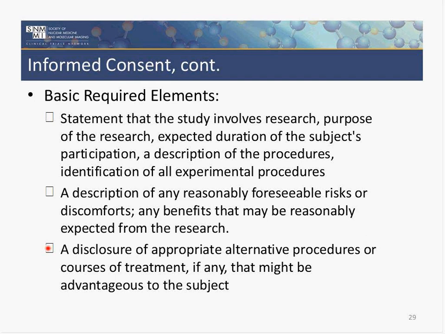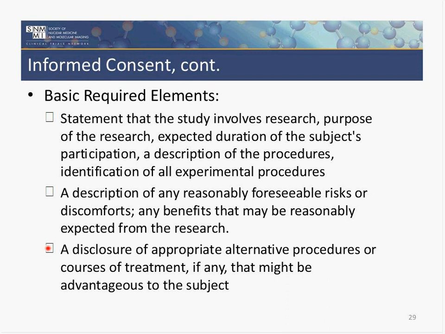Now, there are a lot of patients out there who do things for altruistic reasons, and who say, I will do this so my daughter can perhaps have better treatment for this disease when she gets to be my age. But it's very important that the patient understands that there may not be any benefit to them. And the patient also has to understand what alternative procedures or courses of treatment they have.